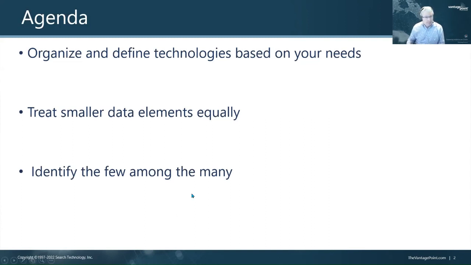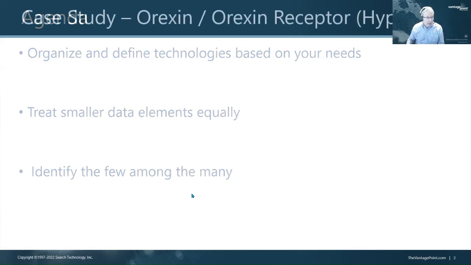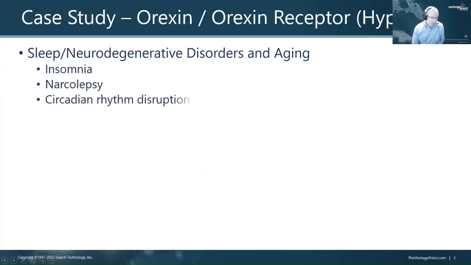So we're going to wrap this all around a case study. I don't know if many of you are familiar with orexin, but it's a neuropeptide that's produced in the brain, a very centralized part of the brain, and it's found to be involved with a variety of disorders.